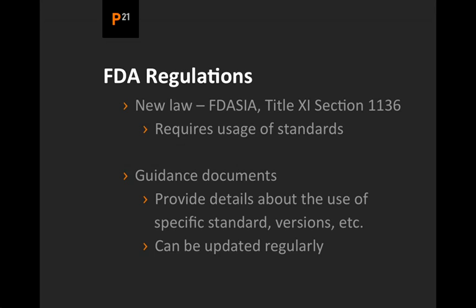However, all details are provided in supportive guidance documents, for example, the version of the standards, standard names, or effective dates for all those standards. Such an approach gives FDA flexibility and allows them to do regular updates on regulatory requirements.